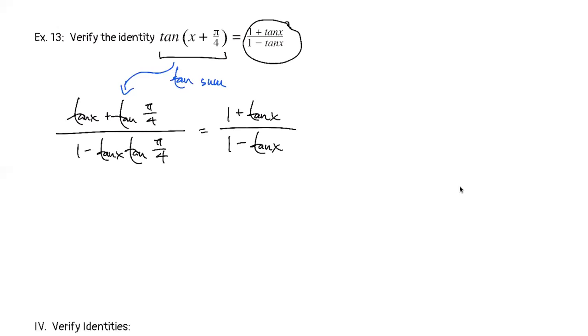All right, so we have some things that have variables. So like tangent x we can't really fix, but what can we replace tangent of pi over 4 with? Yeah, this we can replace with 1, and that means we could replace this one with 1 as well. And so let's see what happens when we replace it with 1. We get tangent x plus 1 over 1 minus tangent x.